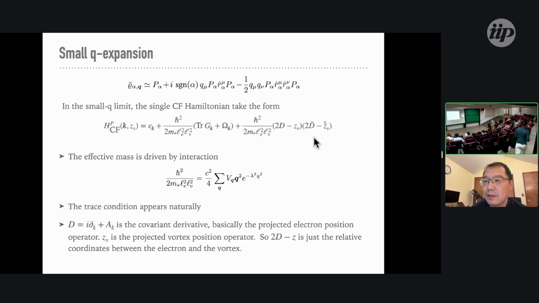Because if we can make epsilon of k 0 by hand by projection to start off with, you still can't get away from it. It'll go into the form factors of the interaction, and the trace condition will still be violated for the best FCI, even if I make epsilon of k 0 by hand by projection.